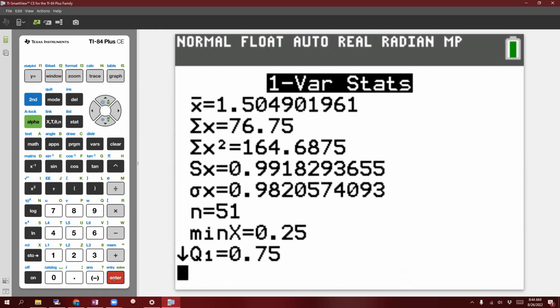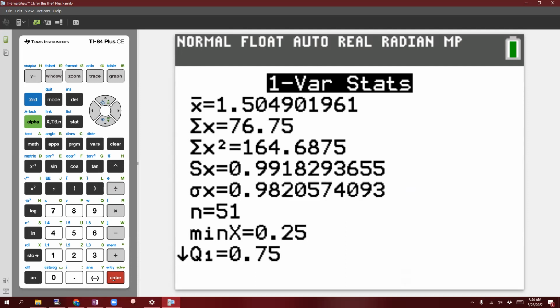If the number that we calculated and the x bar in our one variable statistics aren't the same, that means we did something wrong. You do not just get to write out the correct answer. If you just have the correct answer, you're not going to get the credit for the average. I need to see your work. So if you get a different answer, make sure you go back, figure out your mistake, and then change it.